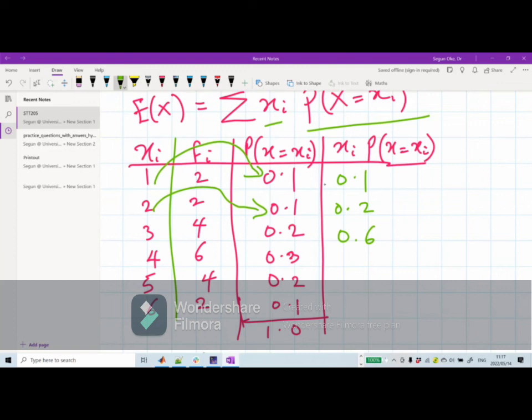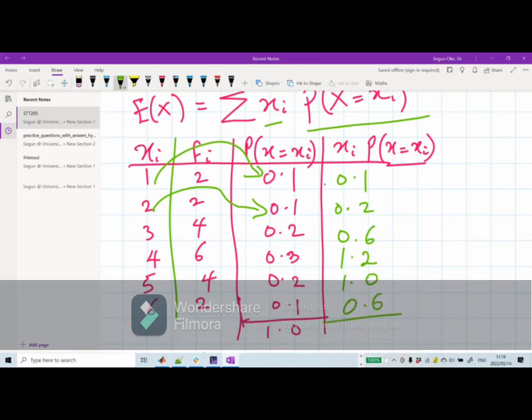Better listen. Press your calculator by yourself. 4 multiplied by 0.3 is 1.2. 5 multiplied by that is 1.0. 6 multiplied by 0.1 is 0.6.